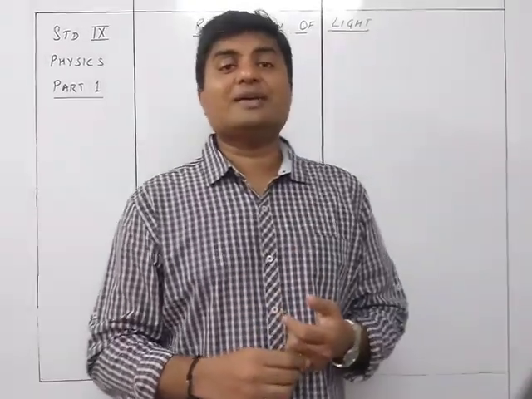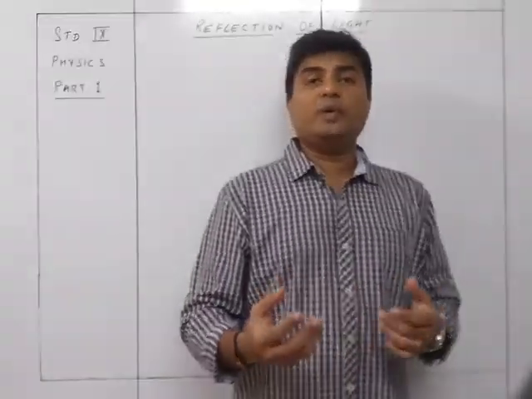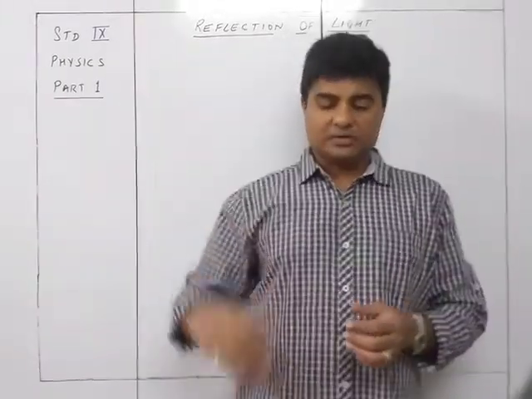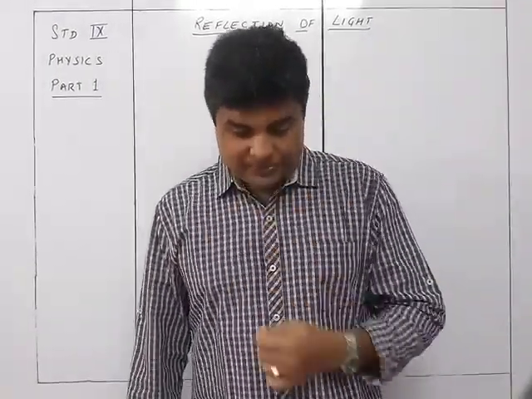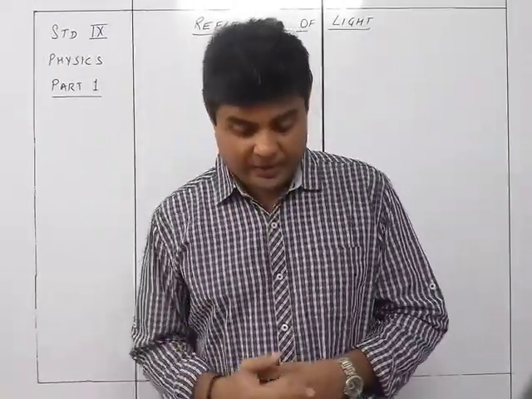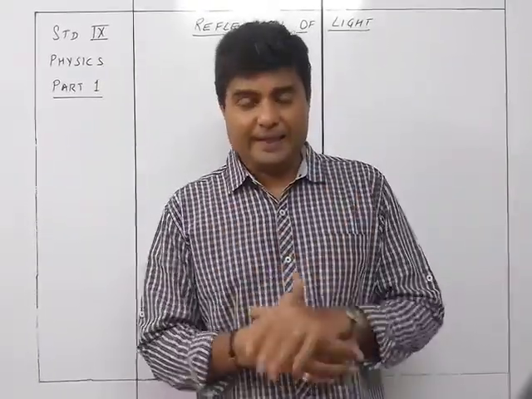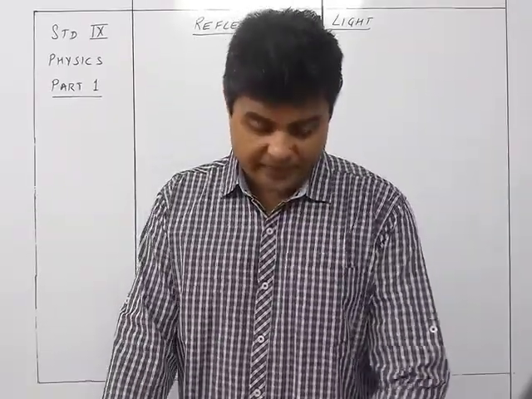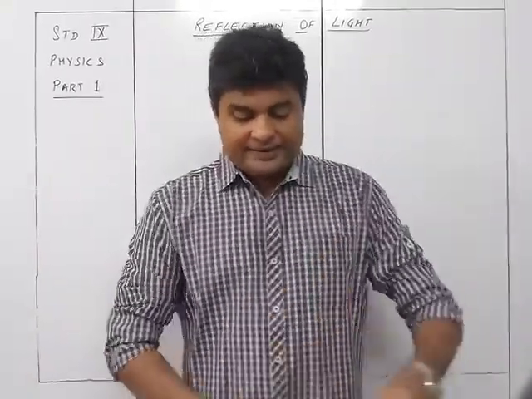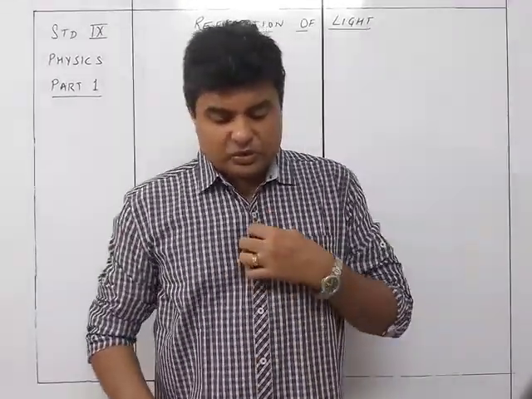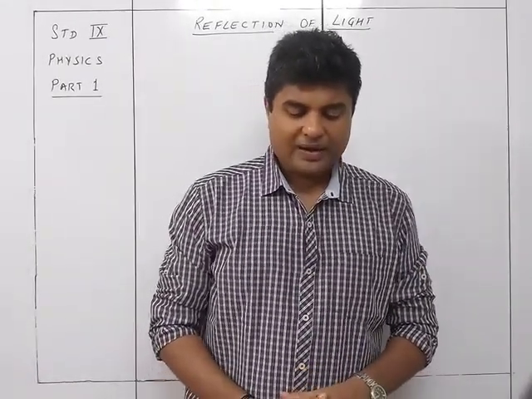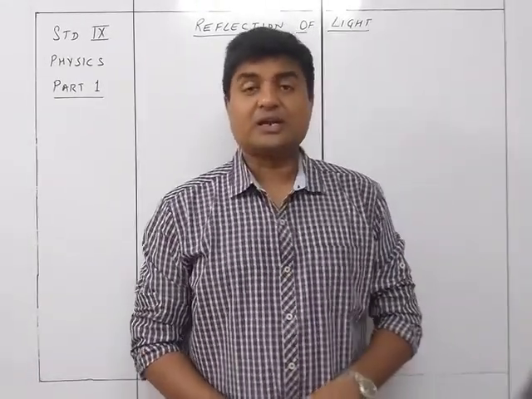And if it is a transparent medium, then it will absorb a bit and let a certain part pass through. So that's why it is partly transmitted, that is passed through, and partly absorbed if it is a transparent surface. It is the reflection of light which enables us to see the different objects around us. An object is seen when light from it enters our eye.